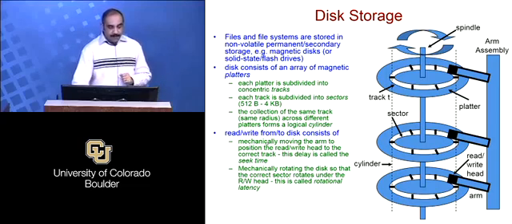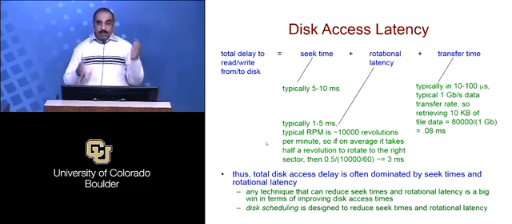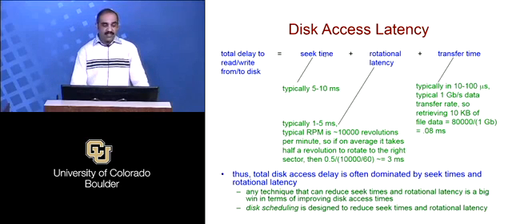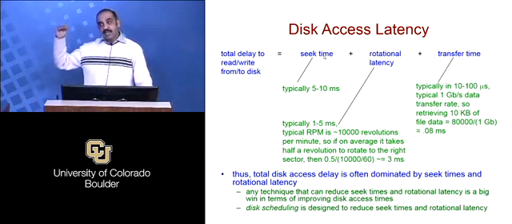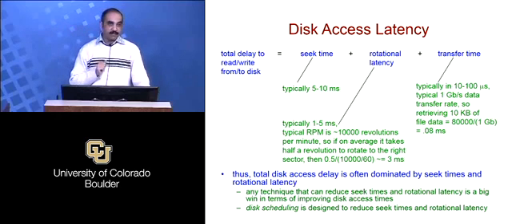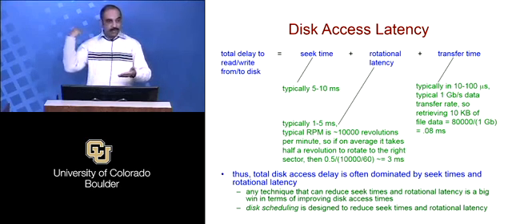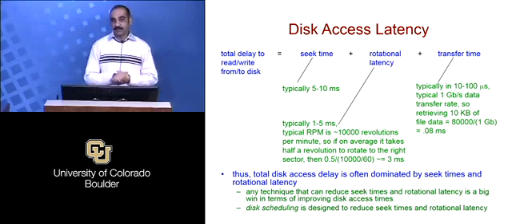If you think about the overall disk access latency, there are three parts to it. There is the seek time, which is moving the arm to the right track. The second is rotational latency, which is waiting until the right sector comes under the arm. The third is the transfer time, which is the transfer of the bits or bytes from the disk to the device.